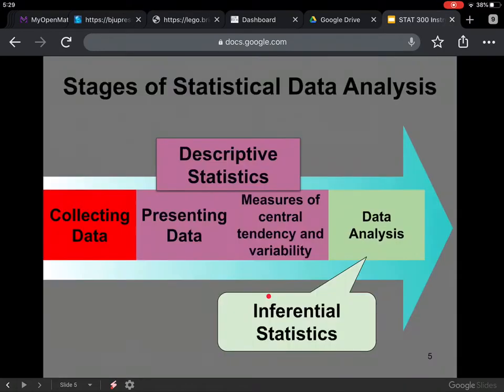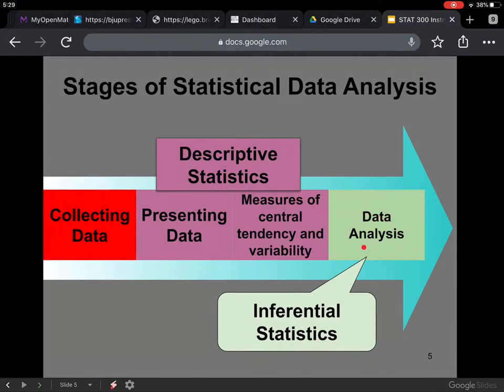Presenting data and measures of central tendency is like the second step, and that's called descriptive statistics, when you're trying to describe the data. And then there's inferential statistics, where you're trying to infer or make conclusions based on the data that's been organized for you. So that's data analysis.